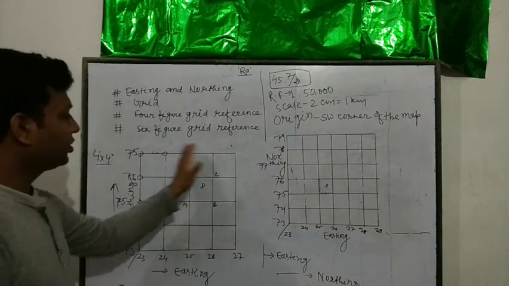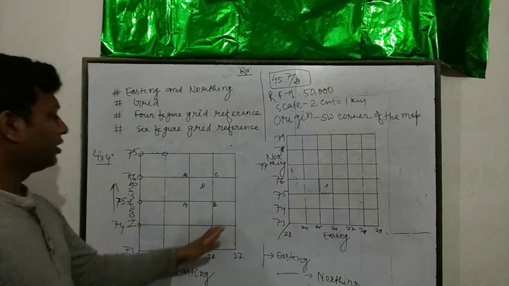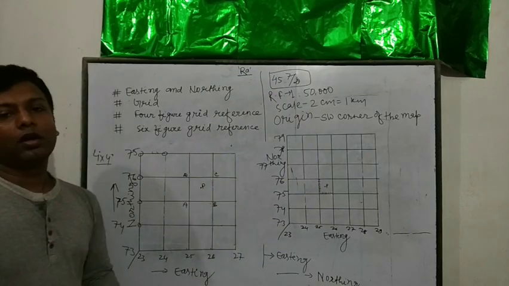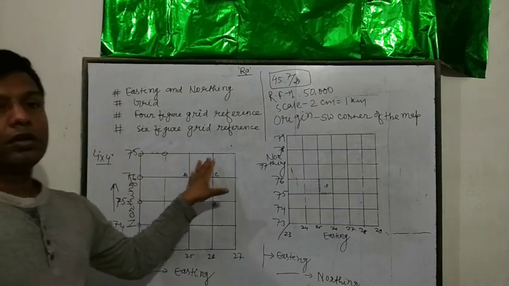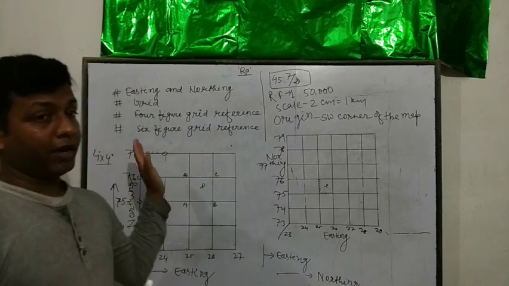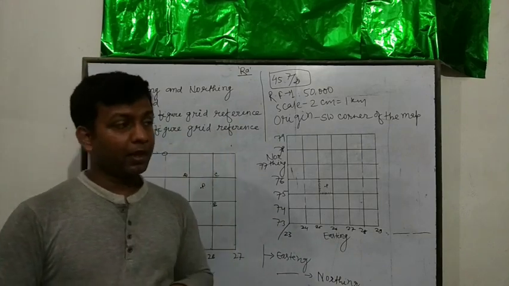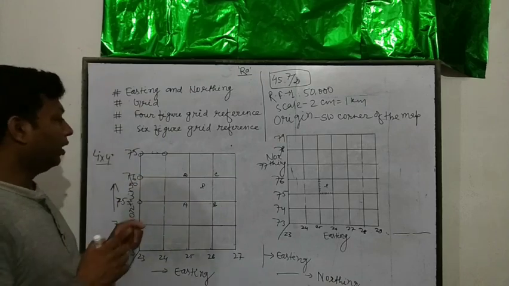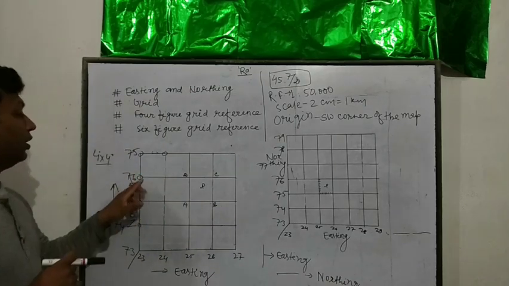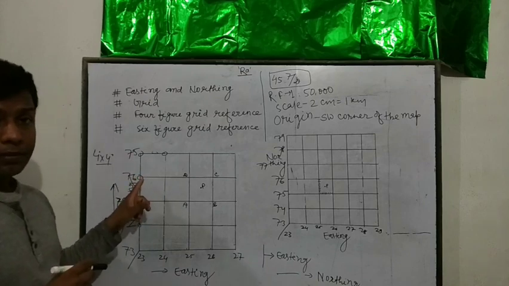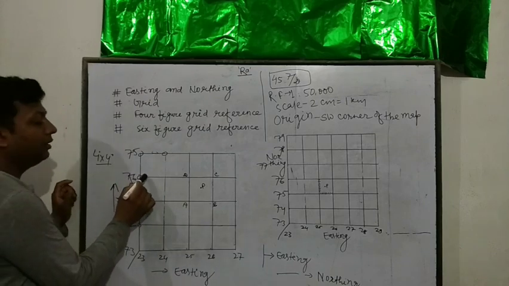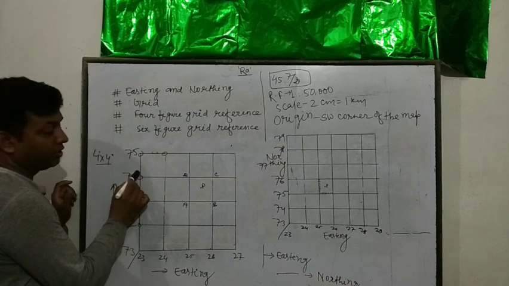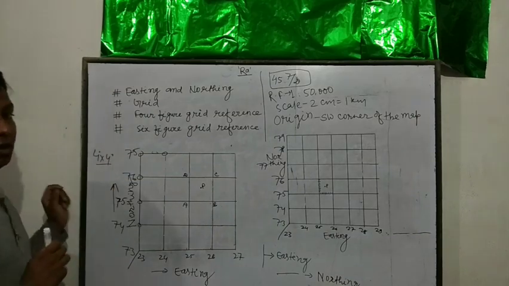So here are 16 boxes of 4 centimeter area. And in this box we have 10 lines, like a graph, from easting and from northing.